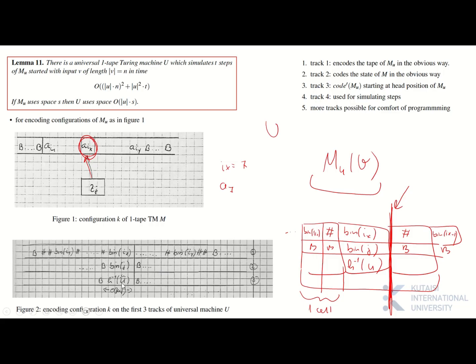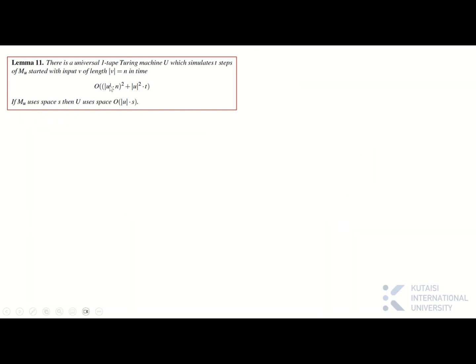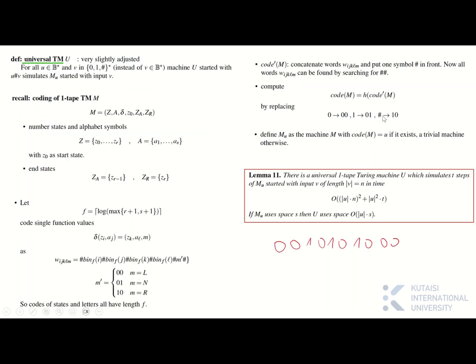On the third track, I have to somehow remember what the transition functions of M are. And what I'm getting passed is just the string U, and I have to unpack the transition functions. They give me the code of U in doubling times. So I have to unpack the transition function, and in order to unpack, I have to reverse this process of doubling.